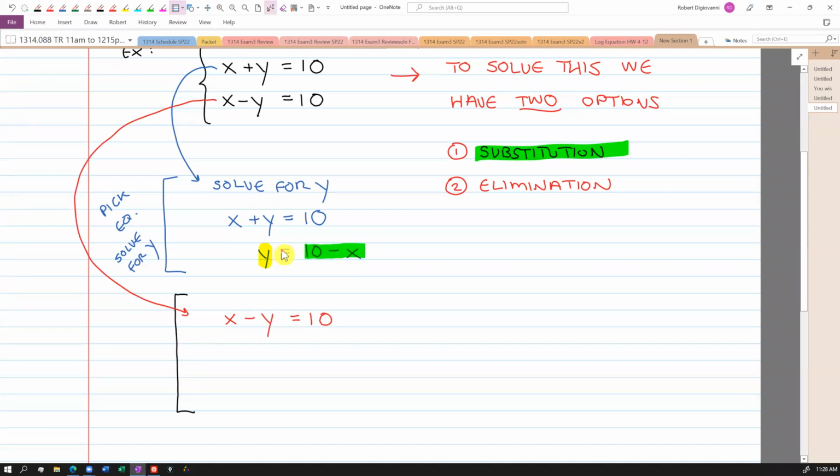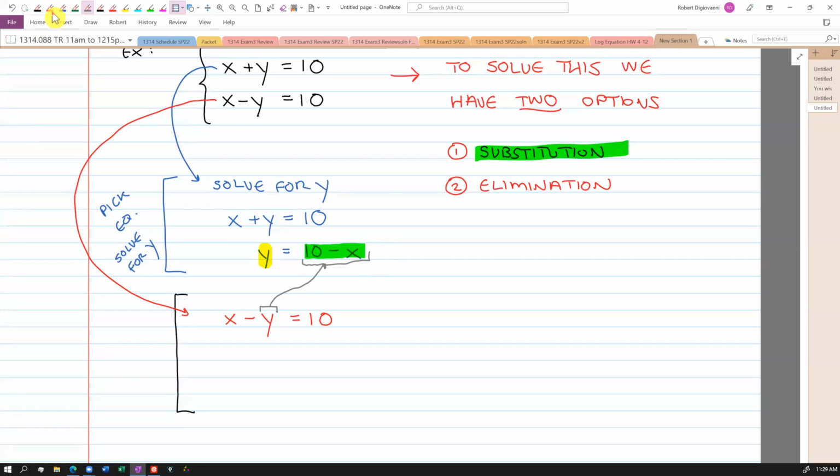That's what we just said. y has to be 10 minus x. We're going to use the other equation and replace this y right here in that equation with this. In other words, we are going to substitute that y out for this. That's what I would call a substitution. We're going to substitute that in here for this.